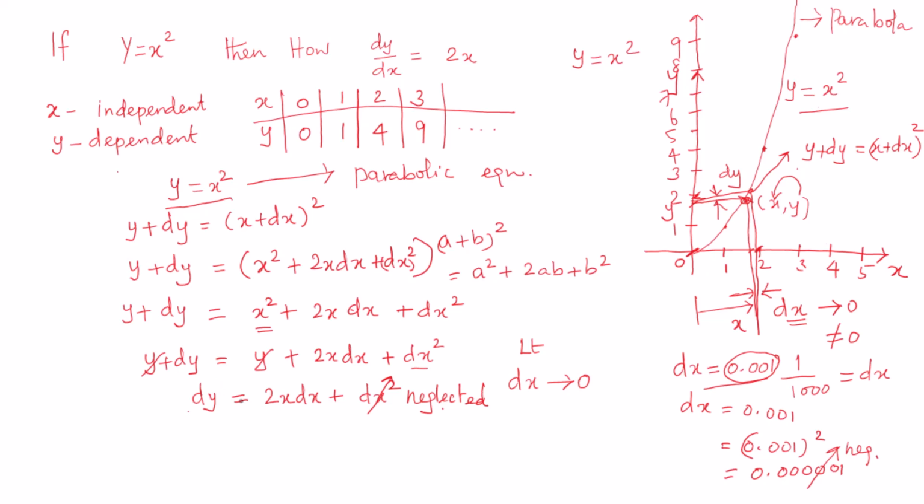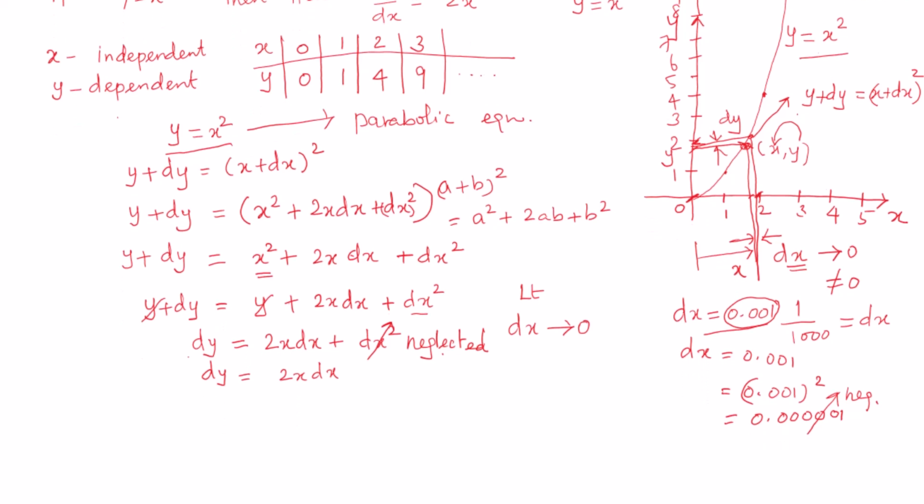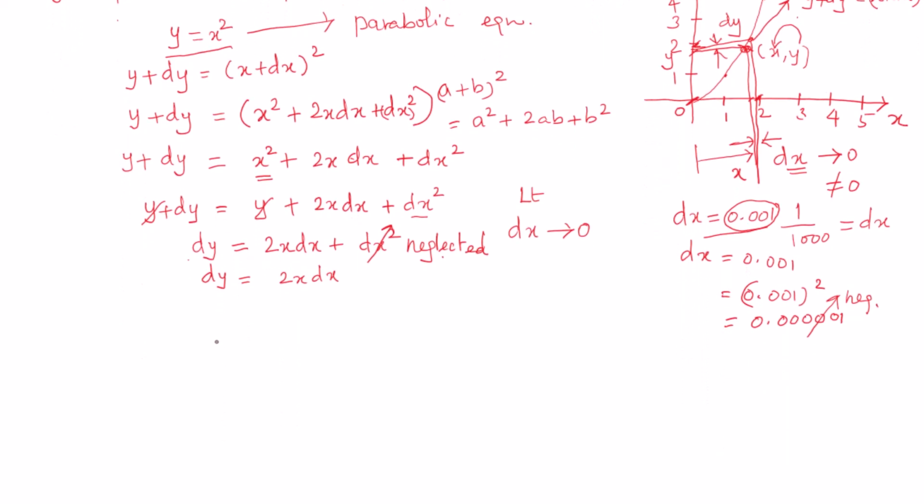So now the remaining term will be dy equal to 2x dx. Now 2x you keep here, and dx will be in this position, dy by dx.